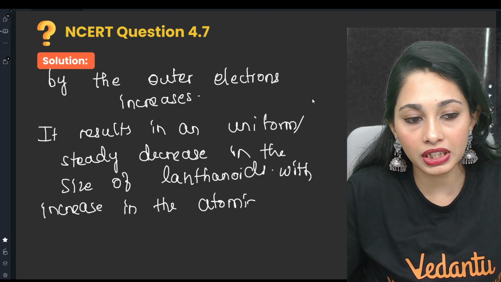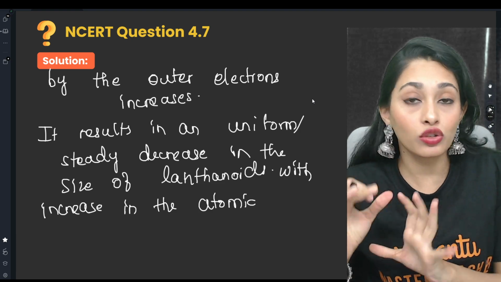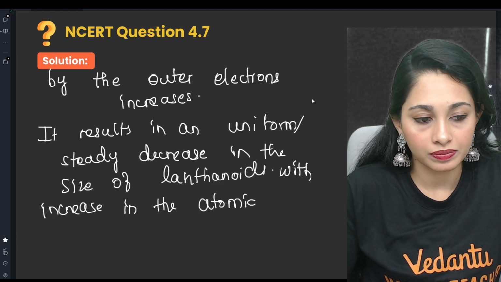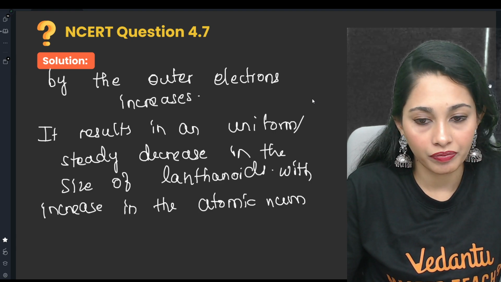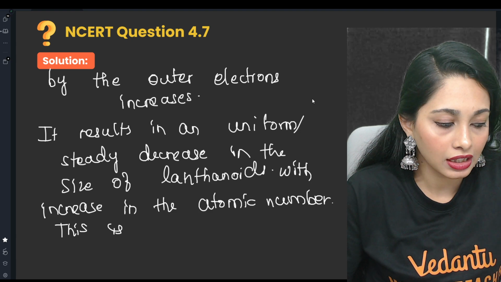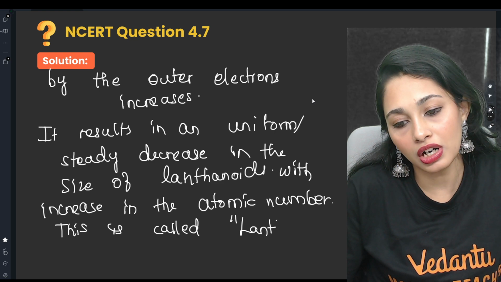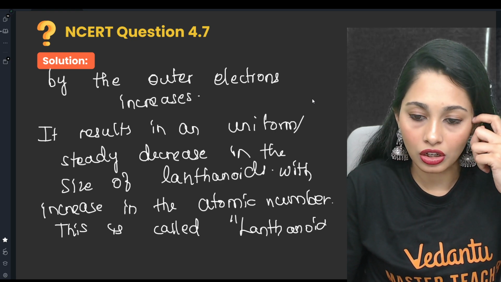As atomic number increases, there exists a uniform or steady decrease in the size of the lanthanoids. This is called lanthanoid contraction.